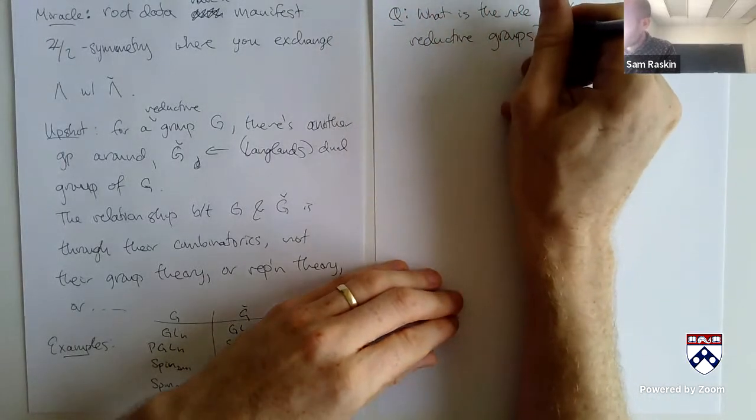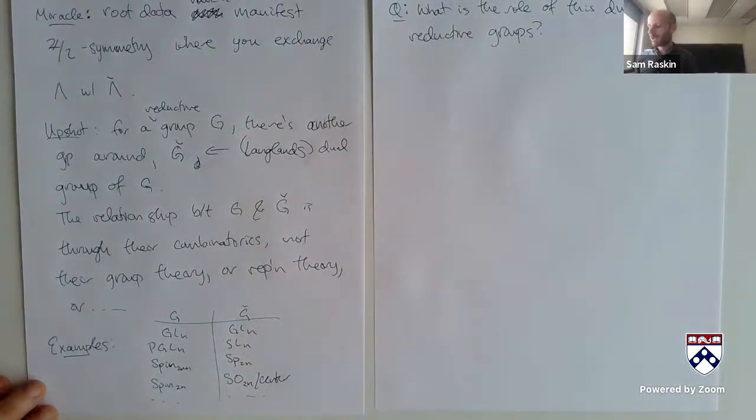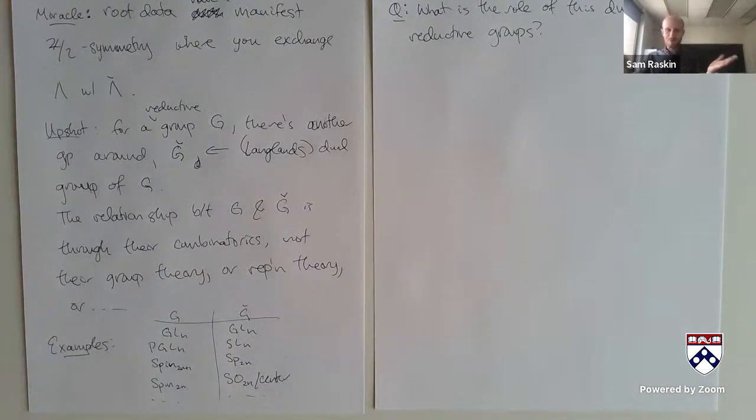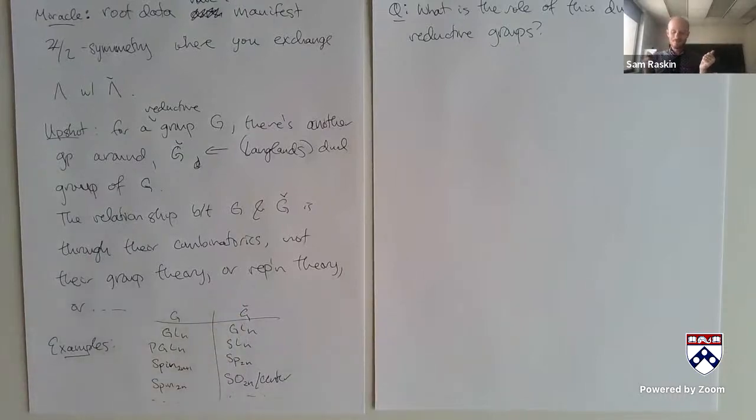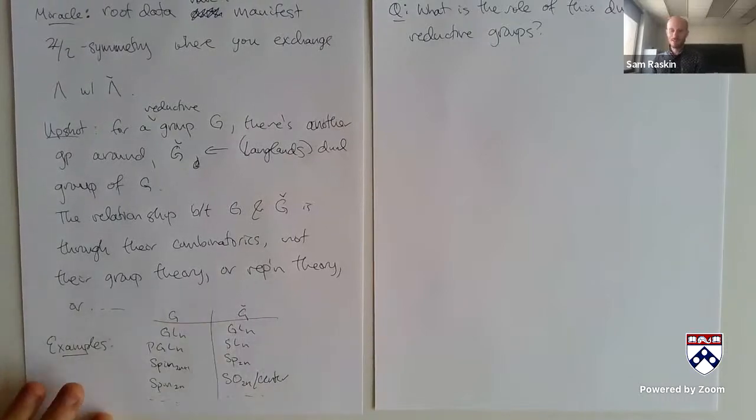They weren't called reductive groups 100 years ago, but people knew compact Lie groups, they knew this classification, they knew many things. And if you have G versus G check, is there any relationship between the representations of G and the representations of G check? No, there's not.